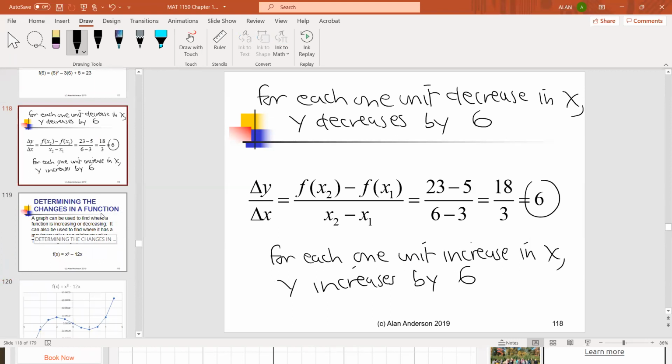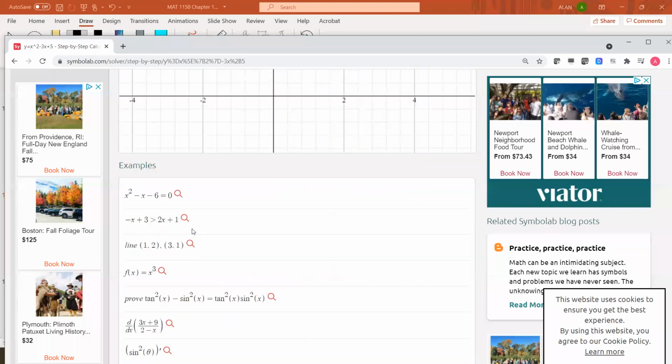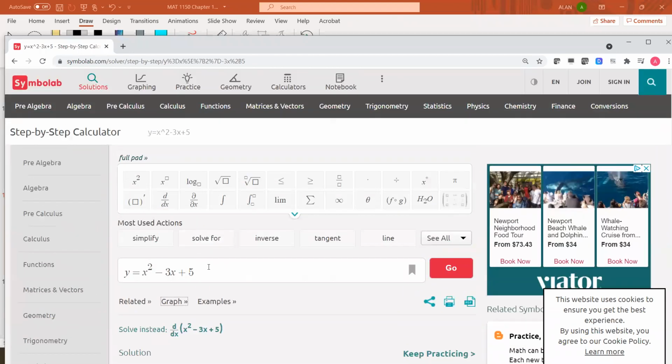Now, we're going to look at something interesting here, determining the changes in a function. Imagine we had this cubic function, which we can go look at in Symbolab. I find that their graphs are typically a little clearer than Excel, but Excel does its best. X cubed minus 3x.